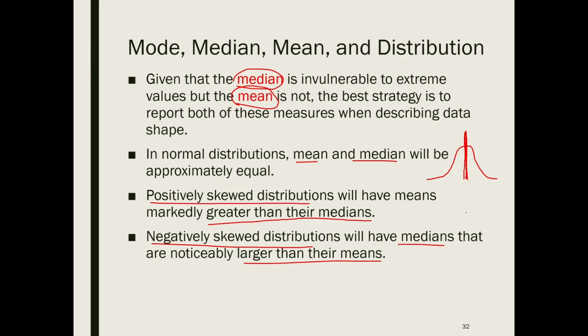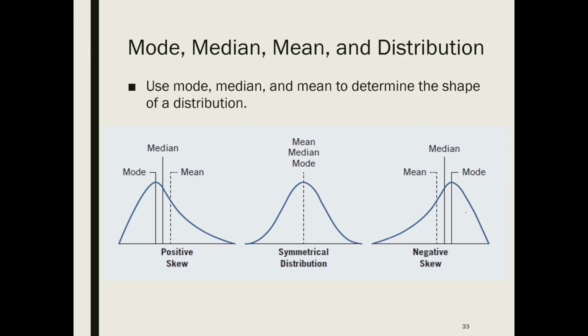This is not easy to remember, but if I show you the picture here, it is an easier way to remember. For all the curves, since they peak one time, the mode is always at the peak, right? The difference is where the mean and the median are. For the positive skewed, because we have this long positive tail, it drags the mean a little bit to the right side, right? So the median is here, the mean is here, so in the positive skewed, the mean is larger than the median.